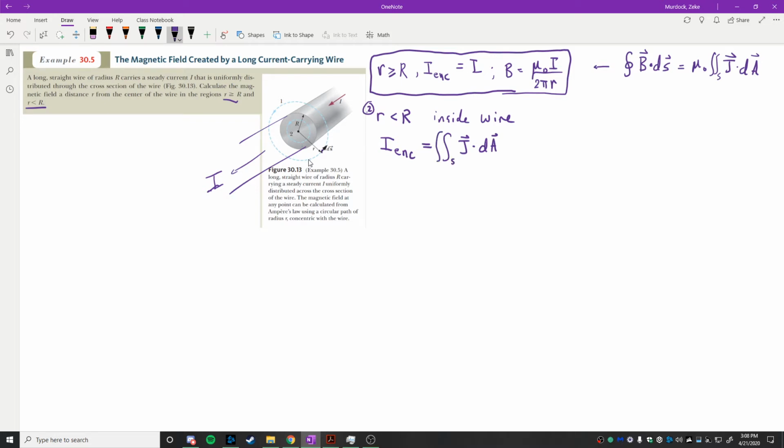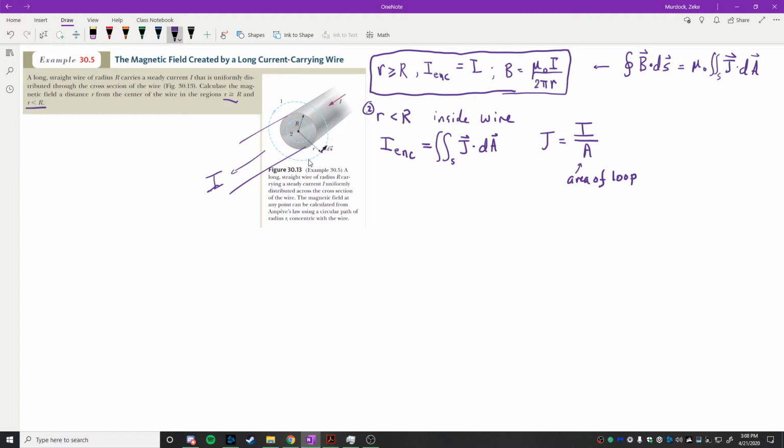How do we do that? Well, first of all, we can say that this is equal to current divided by the area enclosed by the loop. So this would be the area of the loop, okay? And in this case, our loop is that dashed line there, the blue dashed line.